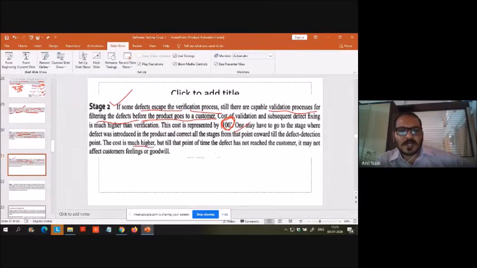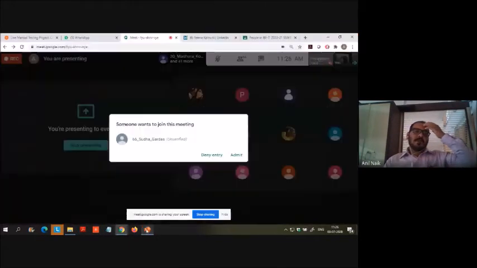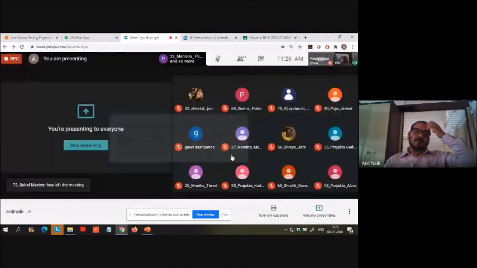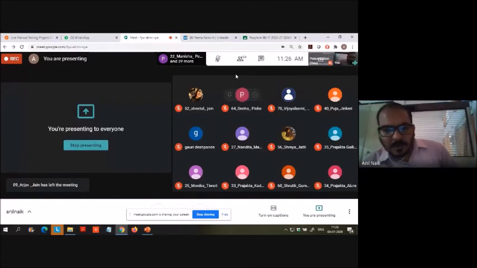The cost is much higher, but up to that point the defect has not reached the customer. If the defects reach the customer, the cost will be even more. So it may not affect all customers. The main goal is that we need to fix the errors or defects as early as possible before delivering to the customers.